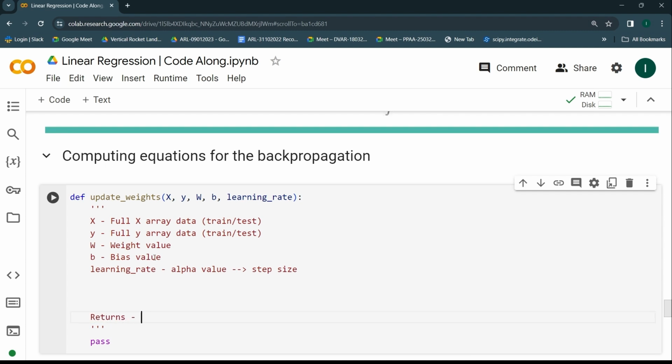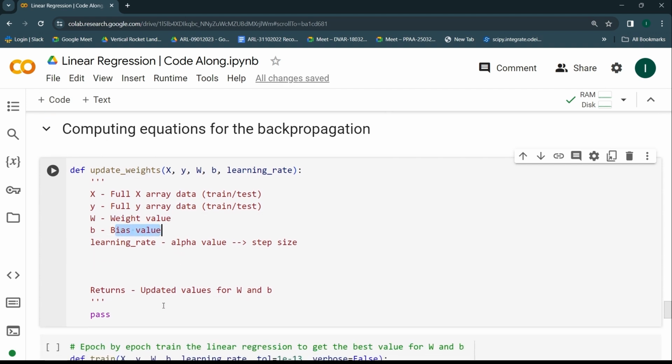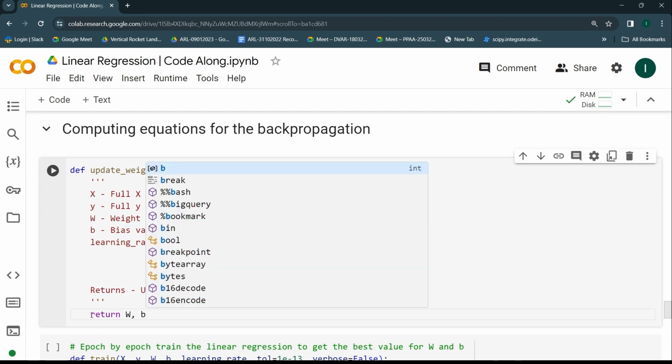So return what? W and B, but updated values for W and B. Initially, it's going to get this weight and bias value, but at the end of the function, I am going to return two things: the updated values of the W and B.